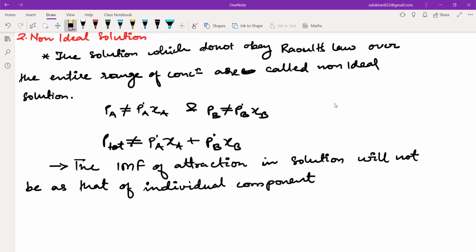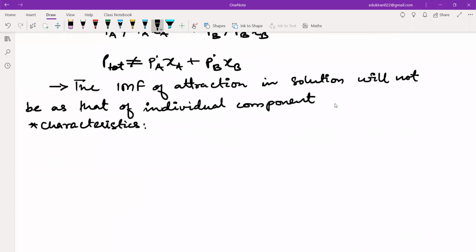Characteristics. Number one will be volume change is non-zero.